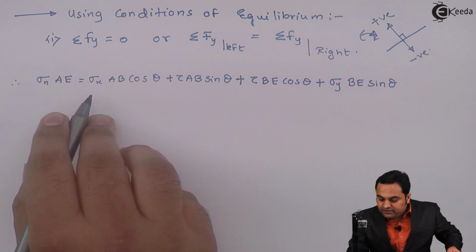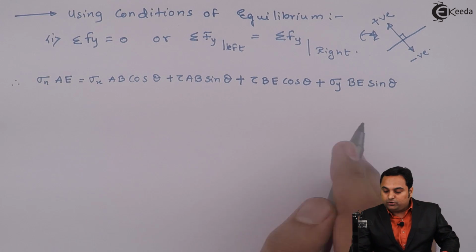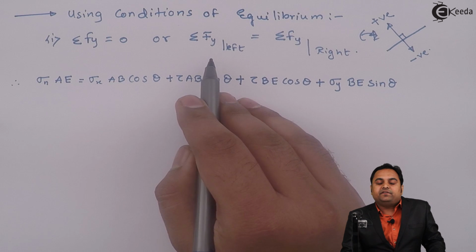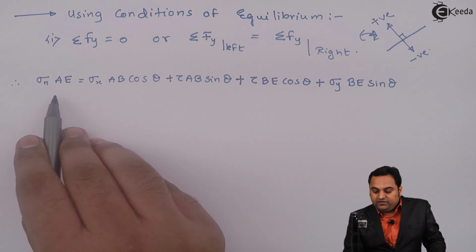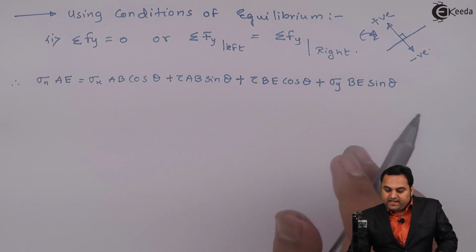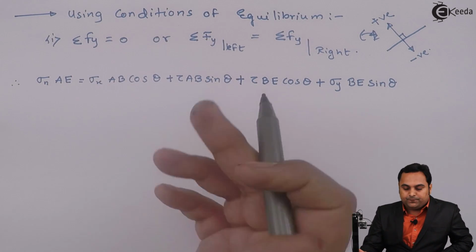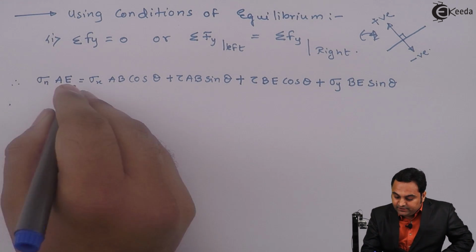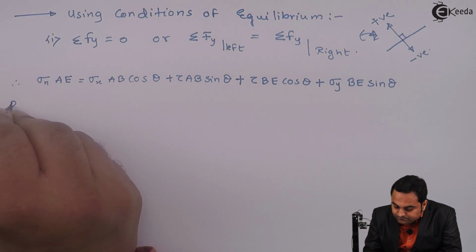Now there is no need to take a negative sign because we are equating the forces; if we bring them to one side then we have to consider negative. Since we are equating them, there is no need of a negative sign, and the resultant would be equal to 0.